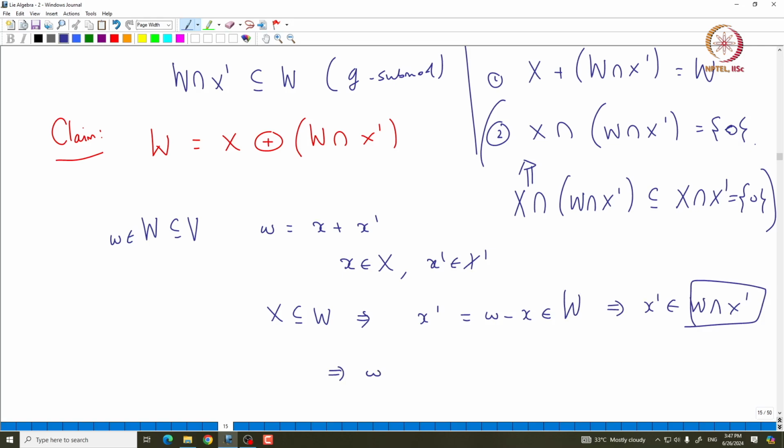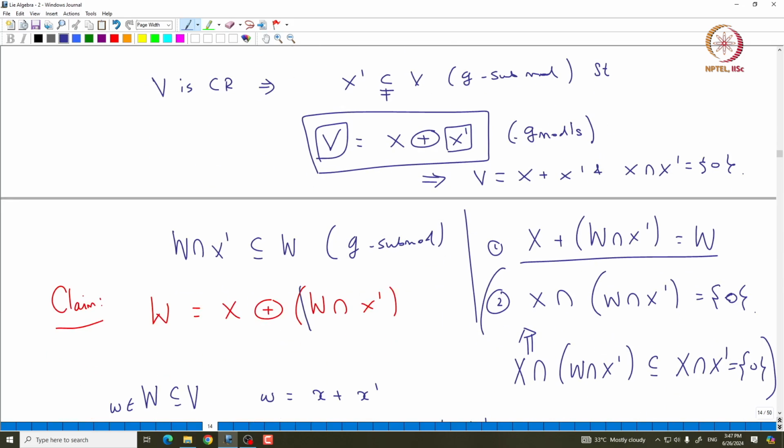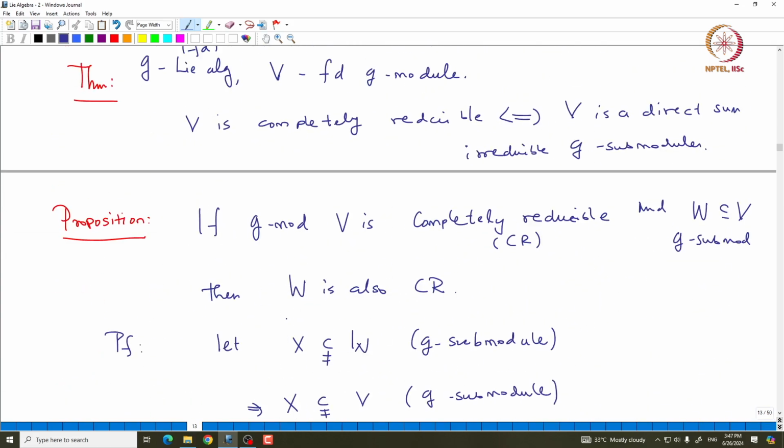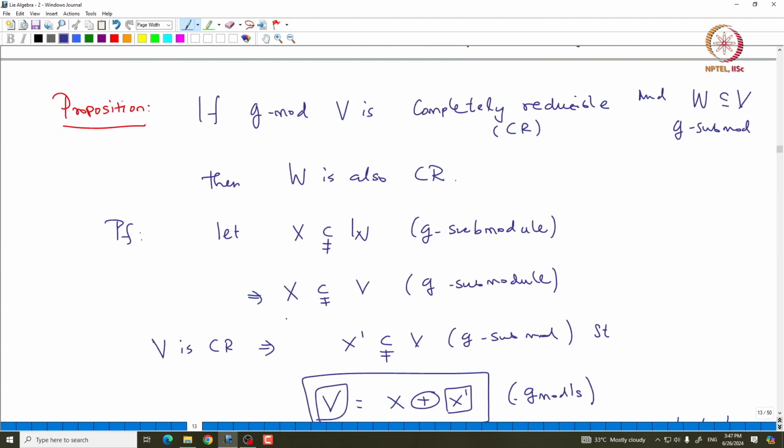So, w is in X plus X dash intersection W. This is what we wanted to prove, so that completes the proof. Whenever we have a complement X dash inside V, we can get the complement of X inside W. This proves that any submodule of a completely reducible module is completely reducible. Now we will go back to the proof of the theorem.